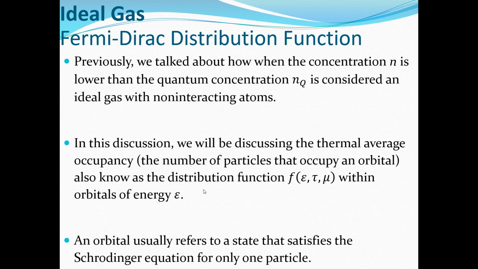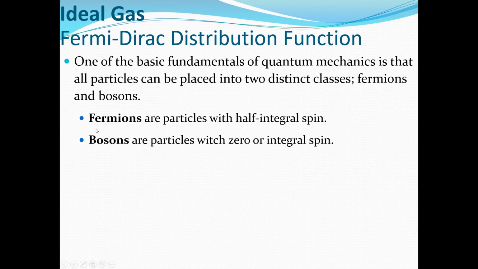And as you know, the orbital that we're talking about is referring to an energy state that's satisfying a Schrodinger equation. So, as you know, for gases, they are occupying certain energy orbitals. So there are two types of gases, and this is what I was trying to mention before. There are fermions and bosons. So this distinction only matters when we start getting towards the quantum realm.